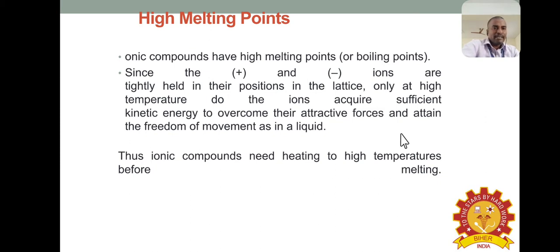That's why they need more energy to break the interaction. Each sodium ion is surrounded by 6 chloride ions. Similarly, each chloride ion is surrounded by 6 sodium ions. When we apply energy, the sodium and chlorine need more energy to break the lattice point. That's why they have high melting and boiling points.